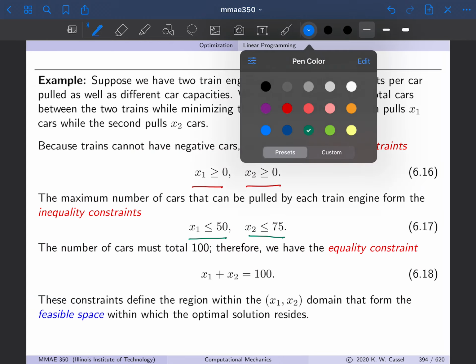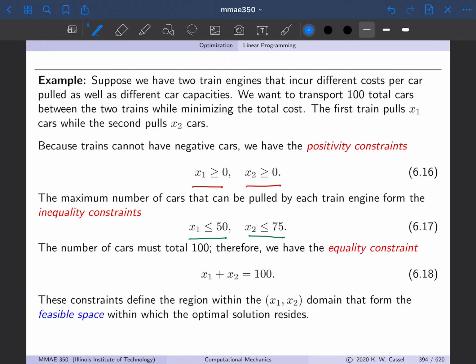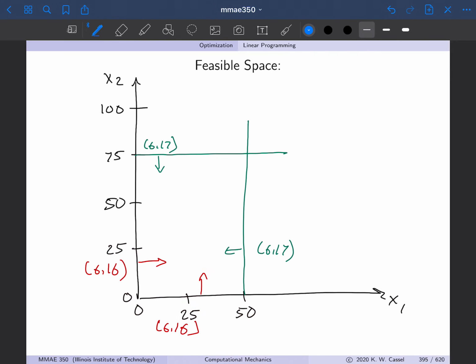Let's make this one blue. All right, so this says that x1 plus x2 has to be equal to 100. Well, that's a straight line, so let's figure out what that straight line is on our feasible space. So the y-intercept is 100, so that's right here.